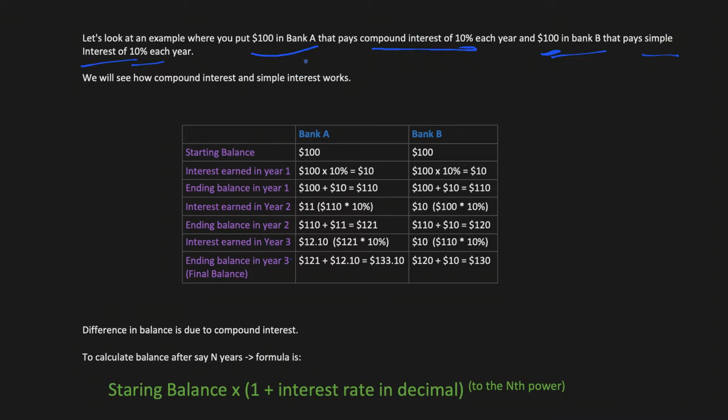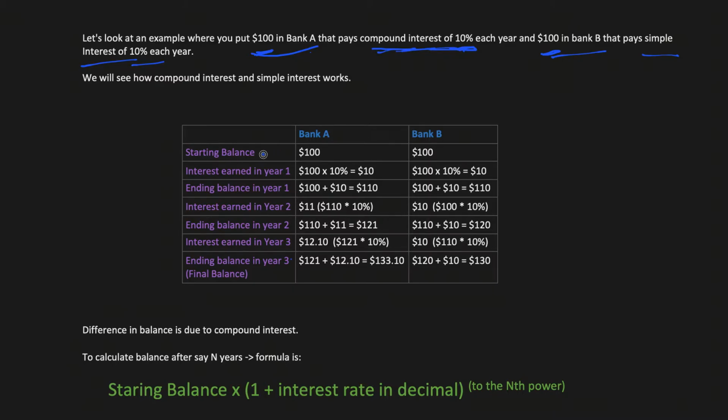Now remember, the difference between bank A and bank B is the interest. Both of them pay 10%, but bank A pays compound interest and bank B pays simple interest. And the initial amount that we're depositing in bank A and bank B is $100. Okay, so let's see how simple interest and compound interest will work in this example.